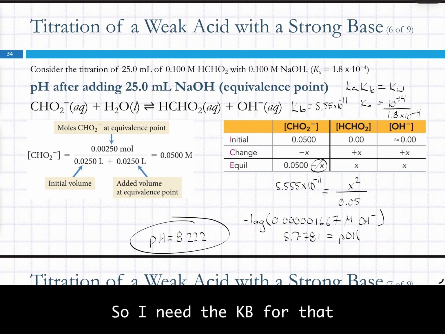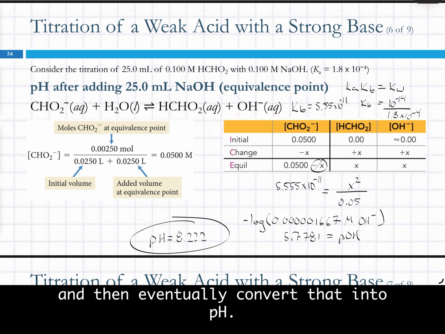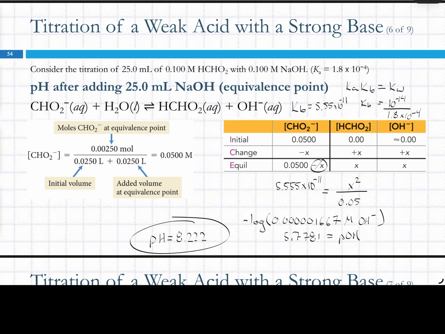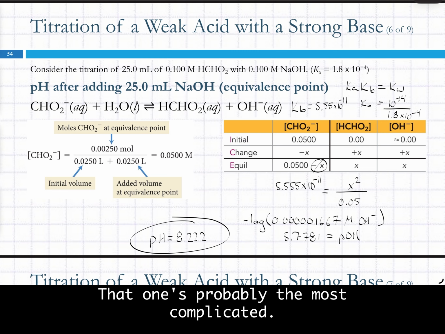So I need the Kb for that weak base so that I can find OH minus and then eventually convert that into pH. That one's probably the most complicated.